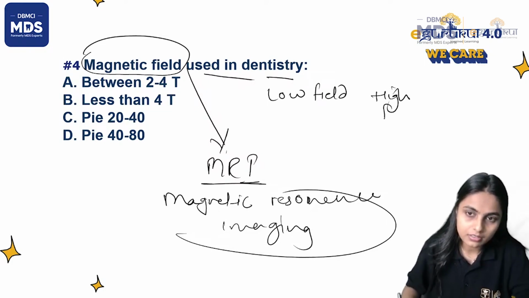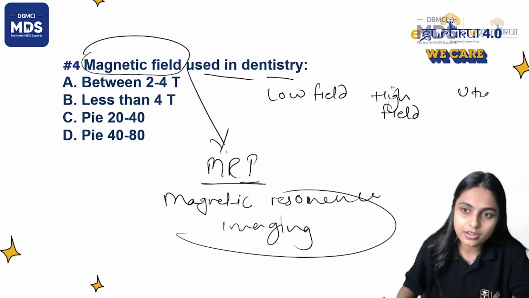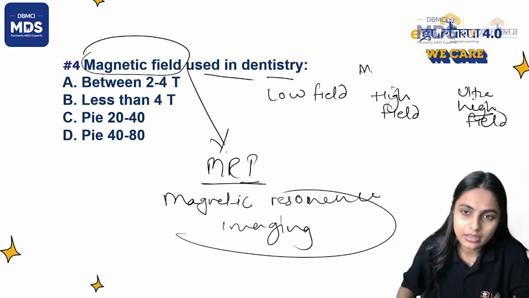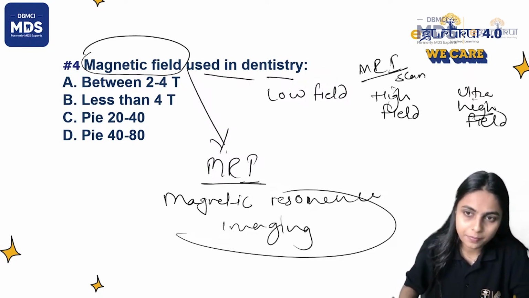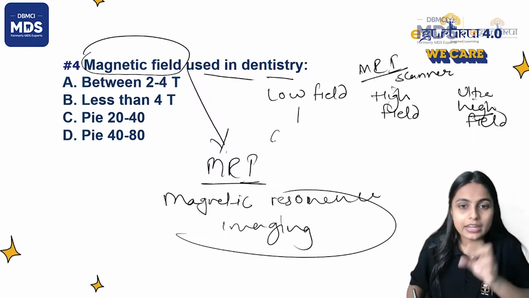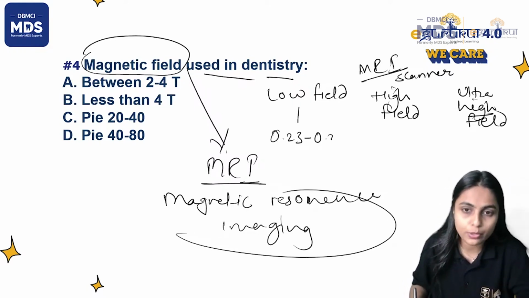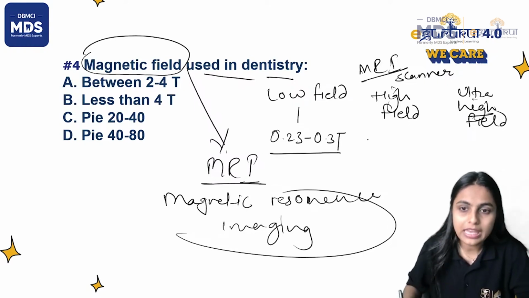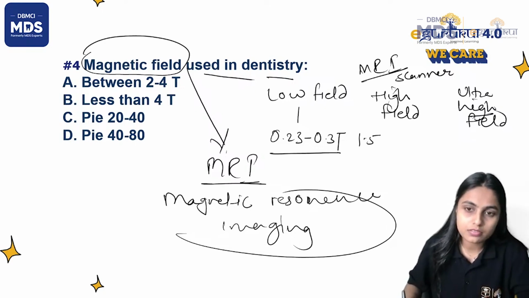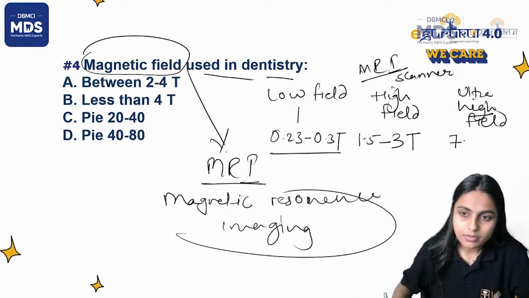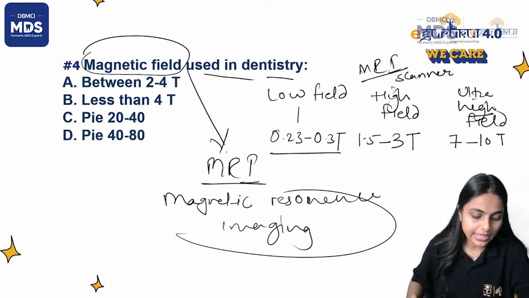High field MRI scanners use a magnetic field between 1.5 to 3 Tesla. Ultra high field MRI scanners use a magnetic field up to 7 to 10 Tesla.